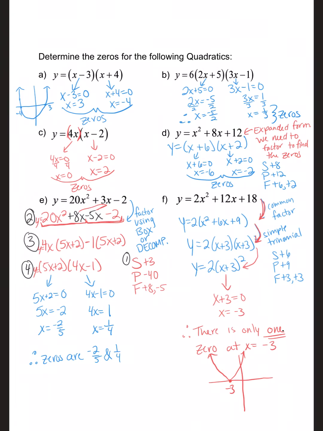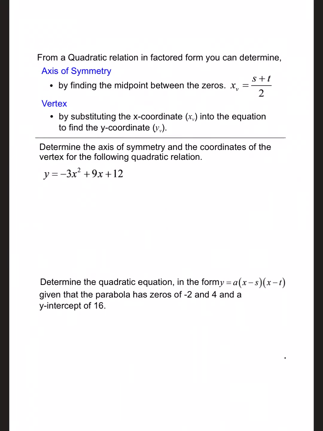Let's continue on and see if we can pull this information together to identify some other key points we've talked about in previous lessons. So some other key points we have looked at in this unit are the axis of symmetry and our vertex. So we're going to start talking about how these key points come together. We've talked about now how we find our zeros by factoring and then setting each bracket equal to 0.